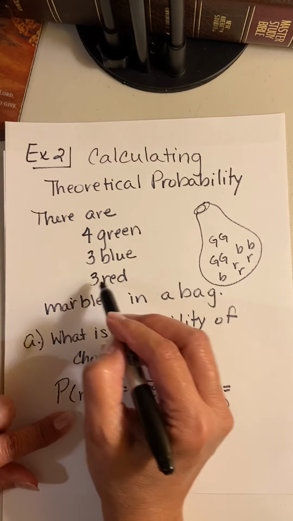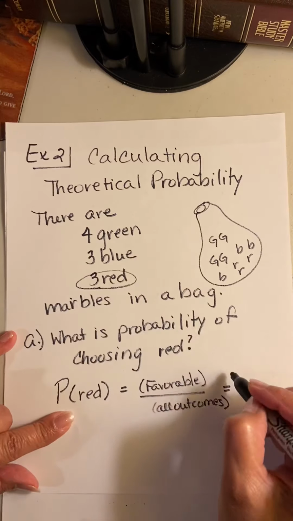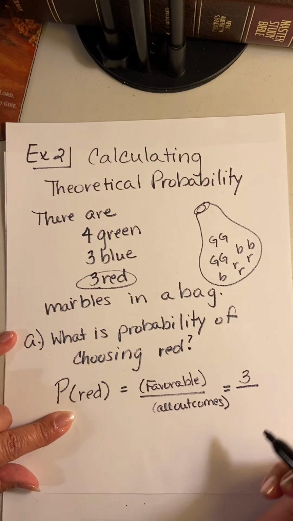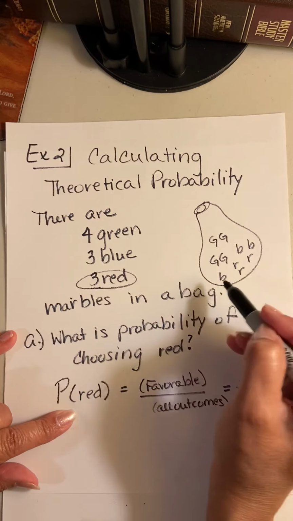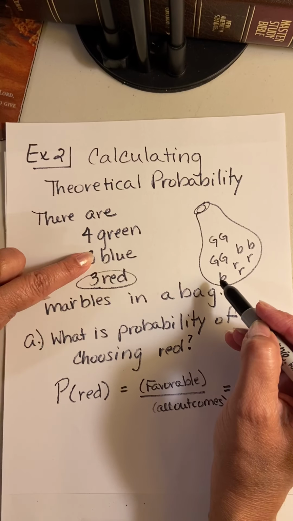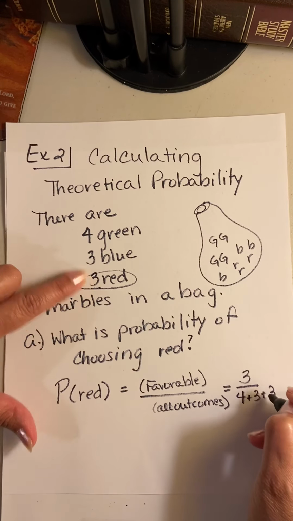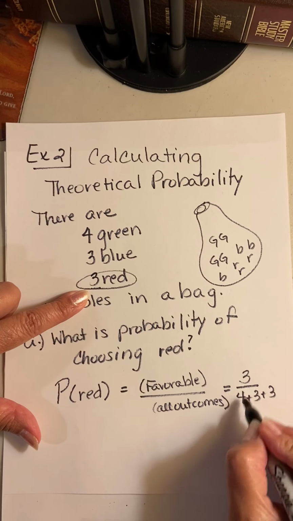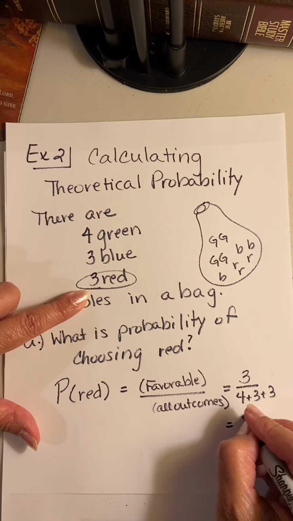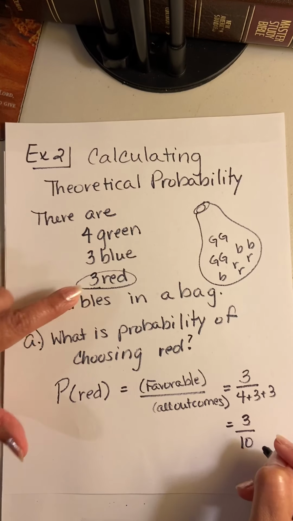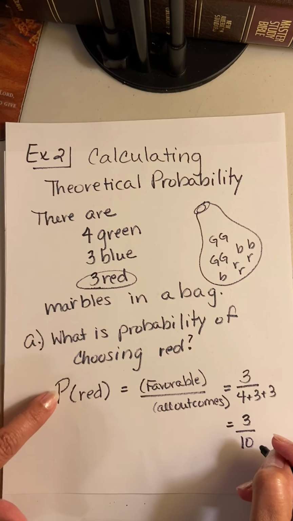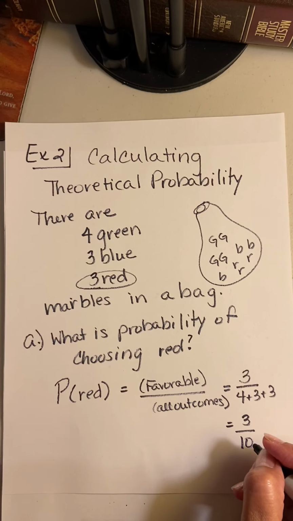So I come up here. How many are red? 3 are red, right? How many marbles are in the bag? 4 plus 3 plus 3. We add all the marbles. We end up with 10. So we end up with 3 in 10. So A would be 3 in 10.